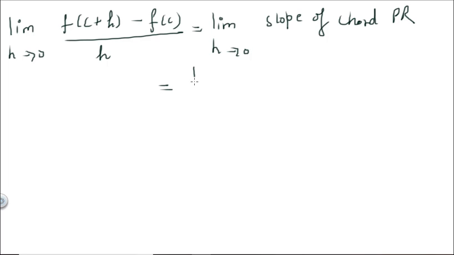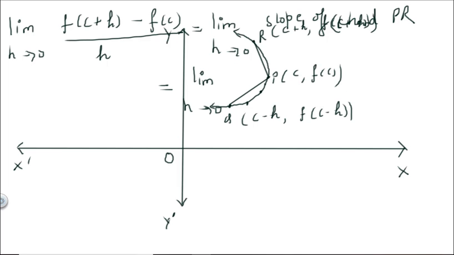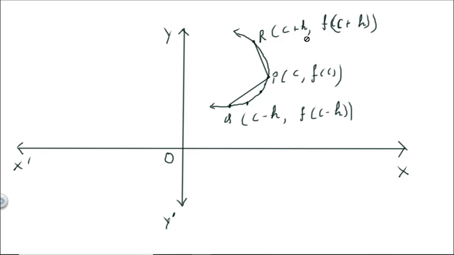Now just to see, I can write it as limit h tending to 0, as in the previous case. Now you know that point R, let me show it through the graph. R is c plus h, a point which is more than c but very close to c.